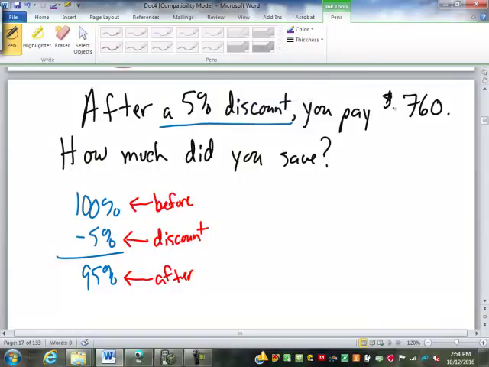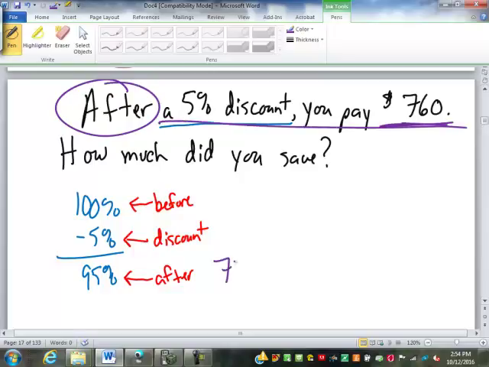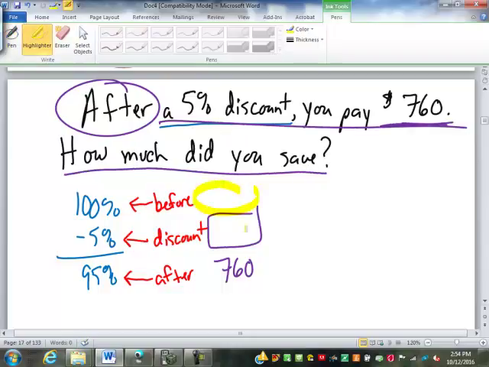Okay, good job. So here we're given the $760. Does that represent the before or after? That's after, right? Now here, we want to know how much we saved. That lines up with the discount. We could go ahead and just use the 95% and find the amount before and then subtract to get what we saved, what the discount is.